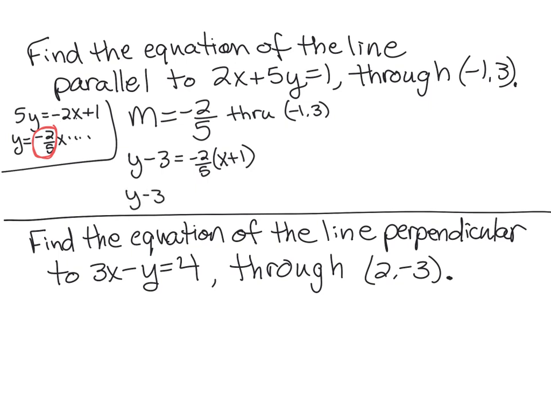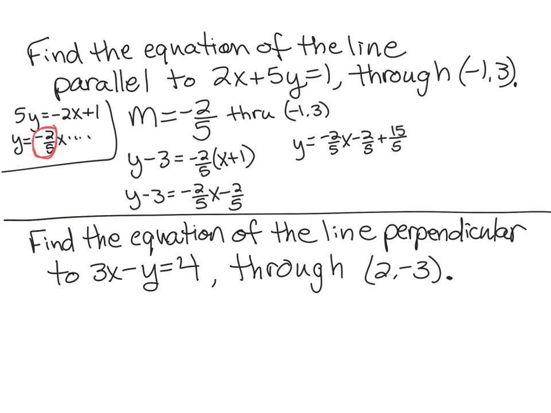Y minus 3 equals minus 2/5 x, there's your mx, minus 2/5 times 1, and now I have to add 3 to both sides. Y equals minus 2/5 x minus 2/5 plus 3.